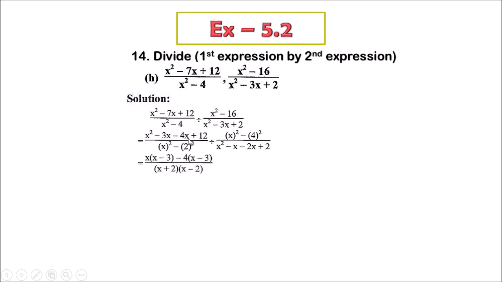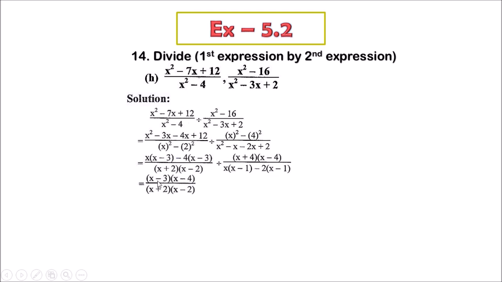Now take x minus 3 common from the first two, and if you take minus 4 common here, x minus 3. And here it is x plus 2 into x minus 2. In the numerator of the second part, x plus 4, x minus 4, and here if you take x common from the first two, you will get x minus 1, and if you take minus 2 common from the last two, there is x minus 1.